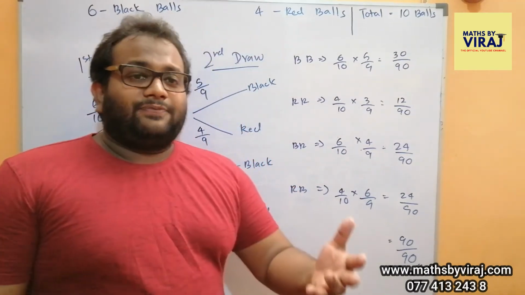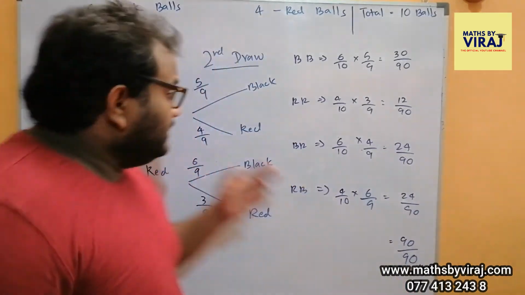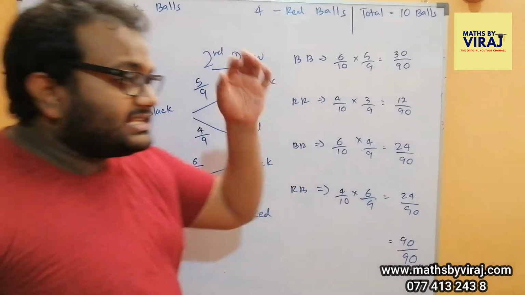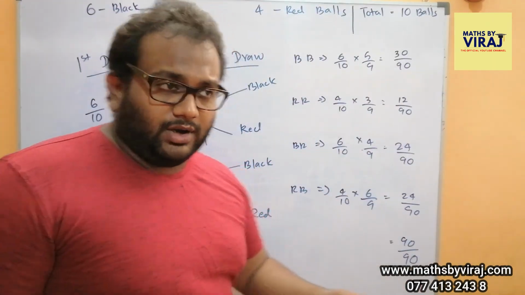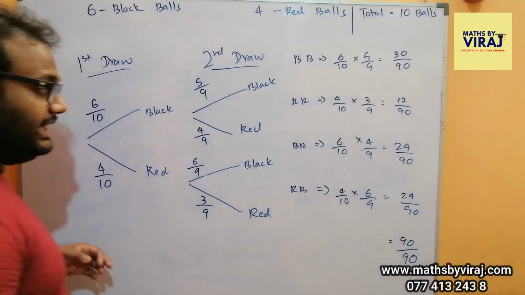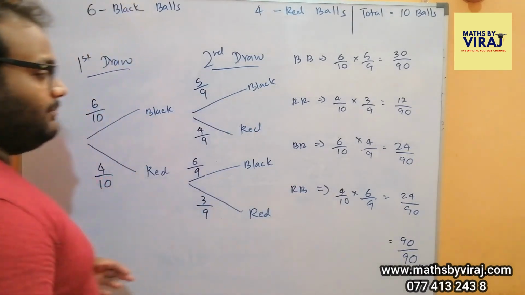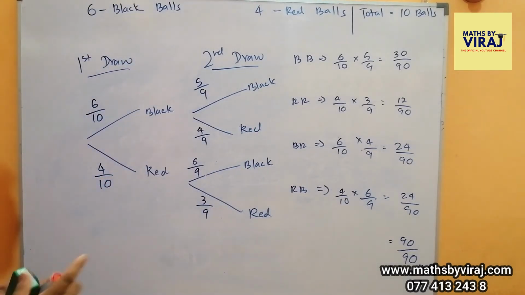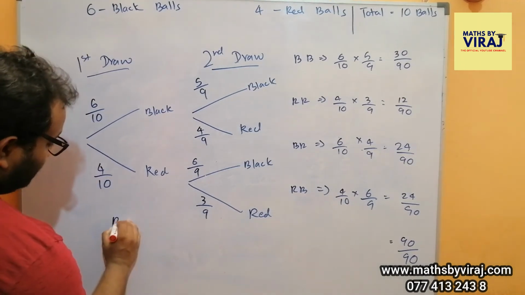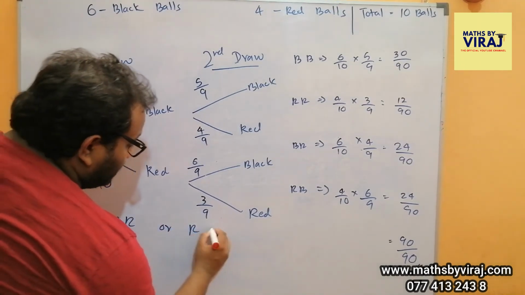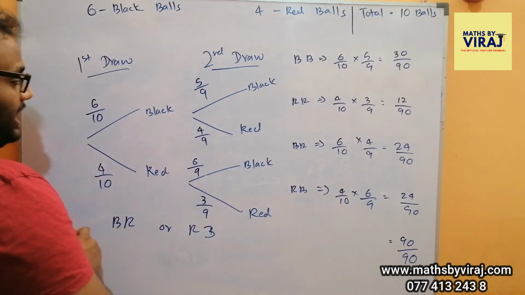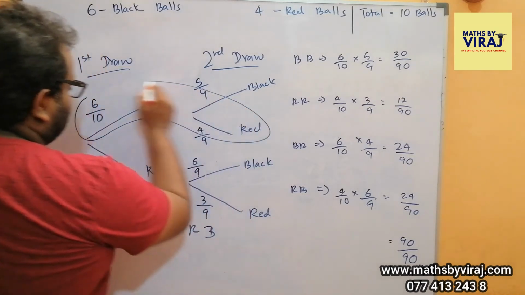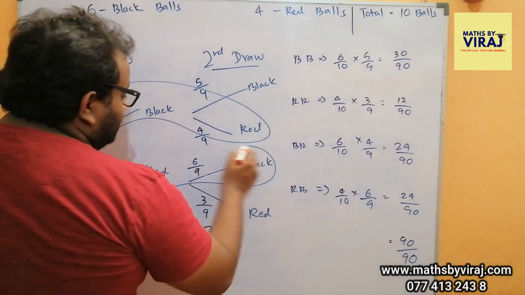Children, what if I wanted to find out the probability of me getting exactly one black ball and one red ball? Therefore, it can be black red or red black. So, what are the two branches? Black red or red black.